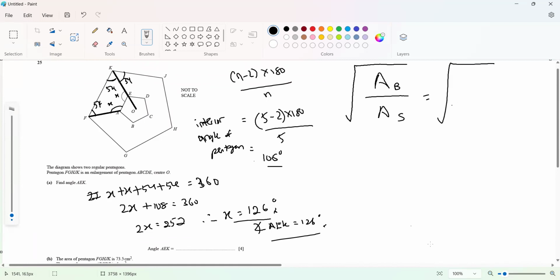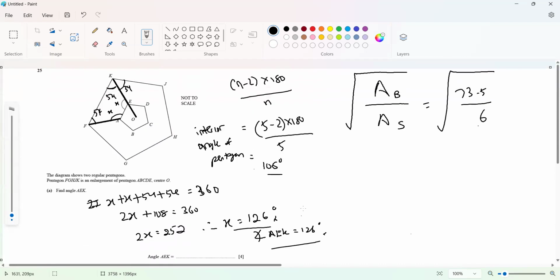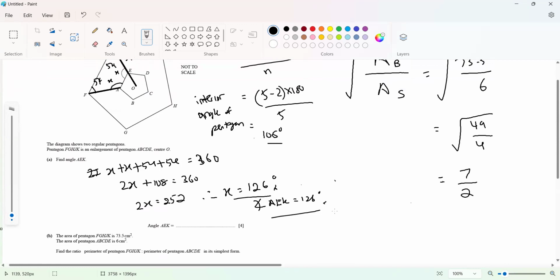So we square root 73.5 over 6. We do 73.5 divided by 6 first. That would be 49 over 4. The square root will be 7 over 2. So 7 is the bigger pentagon, 2 is the smaller pentagon. They want FGHJK against ABCDE, meaning bigger against smaller. So therefore the ratio would simply be 7:2. That's done from big to small.